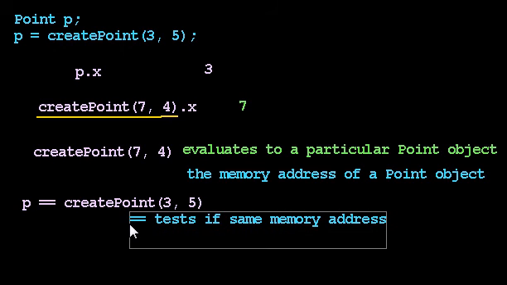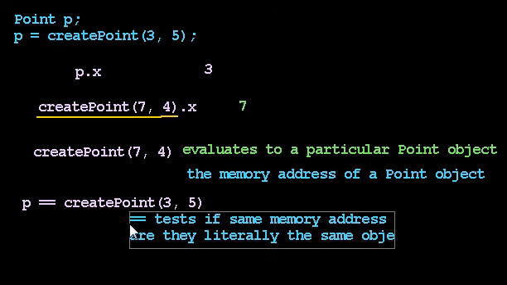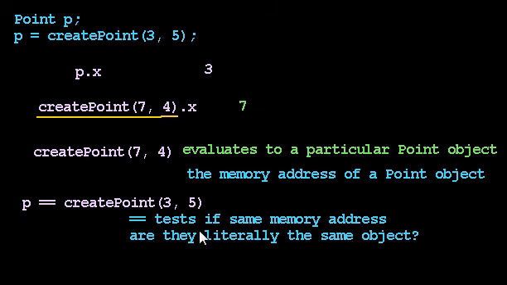In other words, are they literally the same object? Not equivalent objects. Are they literally the same place in memory? And they're not, right? Because p refers to a point I created with 3 and 5, and create point refers to a brand new point I just created with 3 and 5, so those can't possibly refer to the same point. Therefore, this is going to be false.